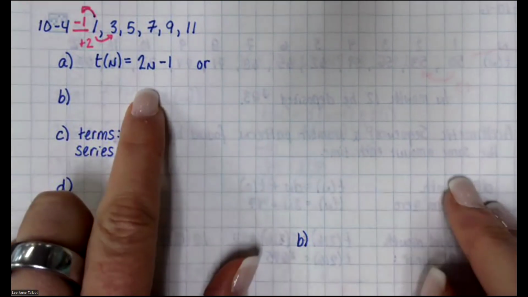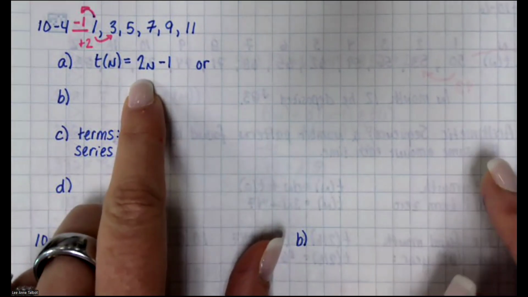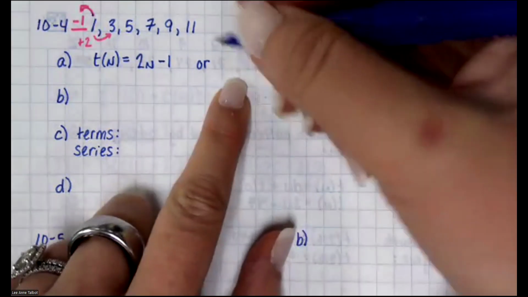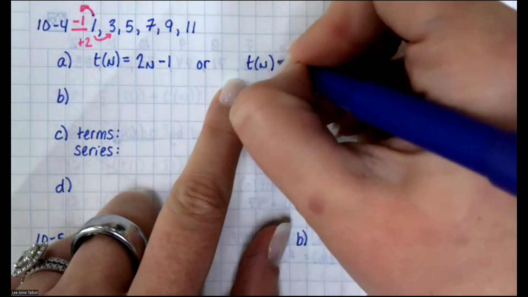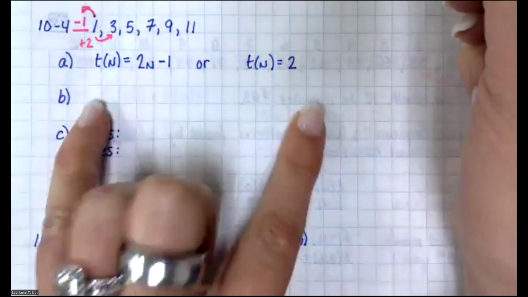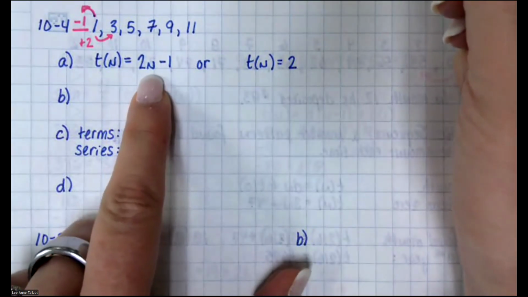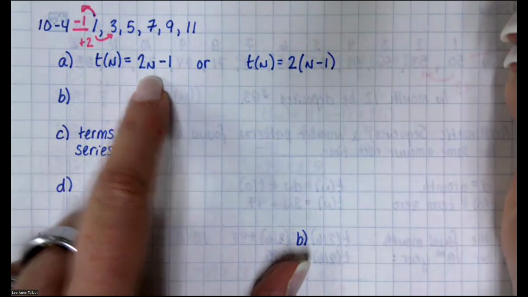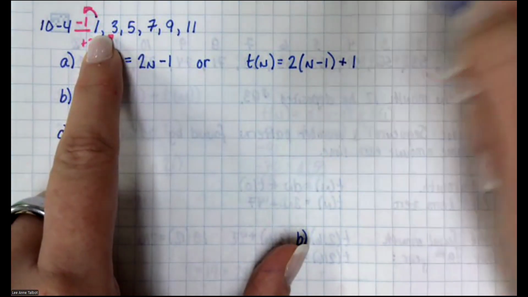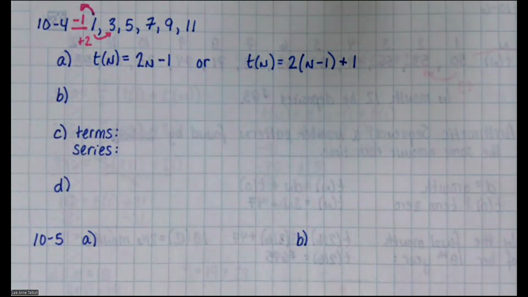That's how you wrote it in Math 1. That's how we wrote it in our warm-ups before. Now we're going to do the new one, which is writing it in terms of the first term. So you start with T of n equals 2, just like you did before. But instead of n, you write n minus 1 and then add the first term. I like that one better because I'm lazy and I don't want to figure out what term 0 is ever.